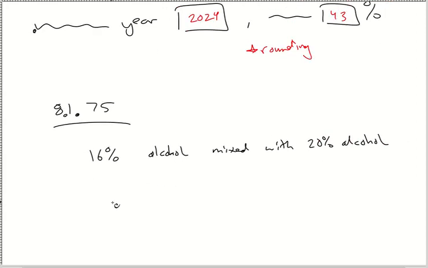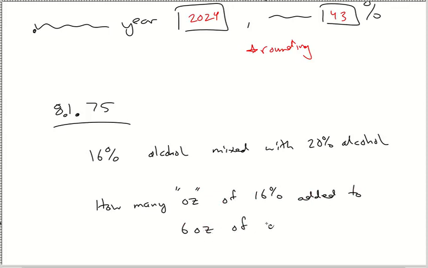And then we have how many ounces of the 16% solution should be added to 6 ounces of the 20% solution to make a new solution of 19%.